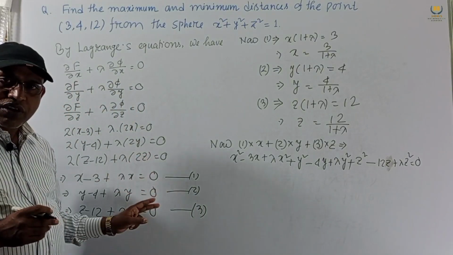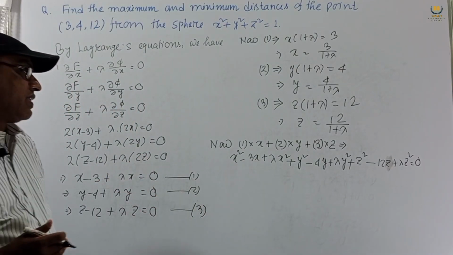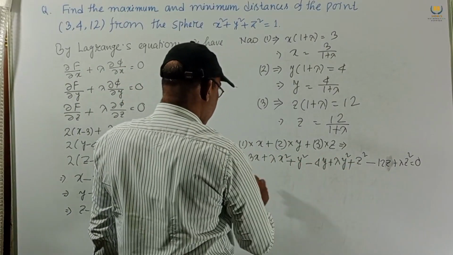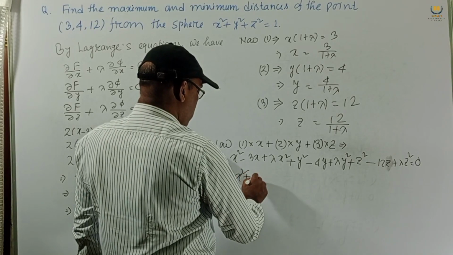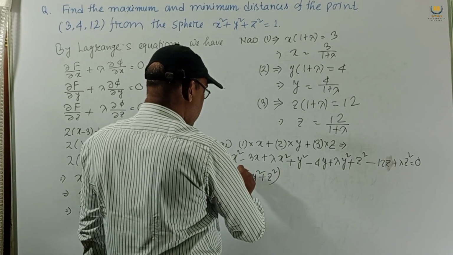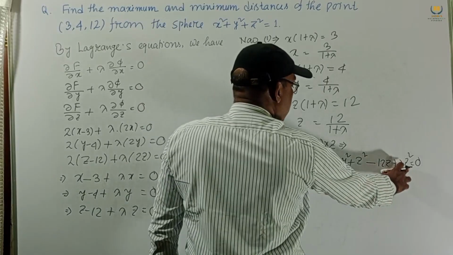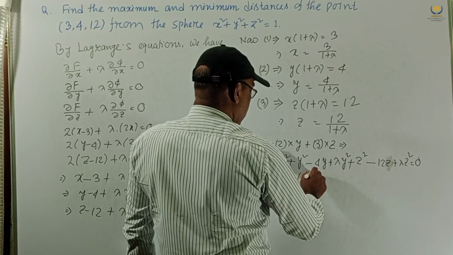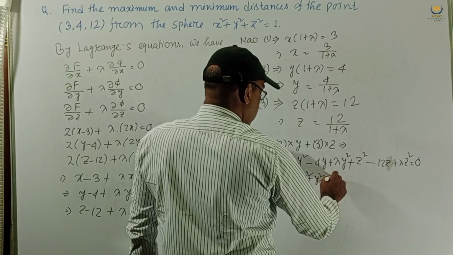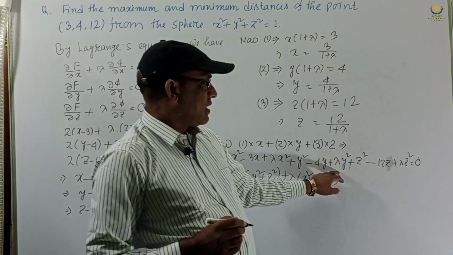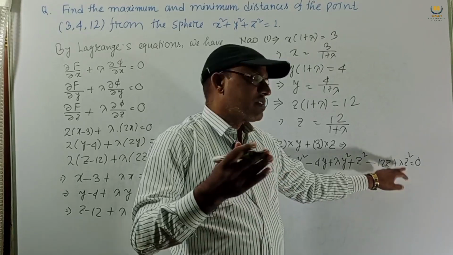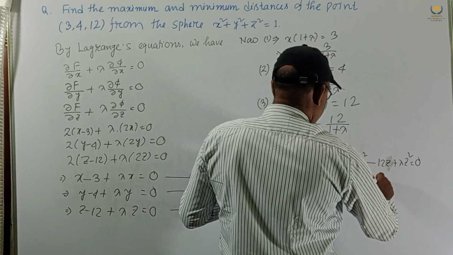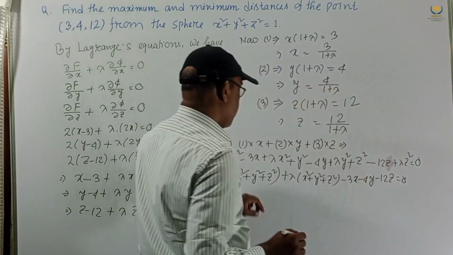Just multiplying equation number 1, 2, 3 by x, y, z and adding, we get this, already written. Taking x square, y square, z square together, x square plus y square plus z square, we write down together, and taking lambda also common from these 3, we get x square plus y square plus z square from this lambda common, and this one, minus 3x minus 4y minus 12z, remains same.